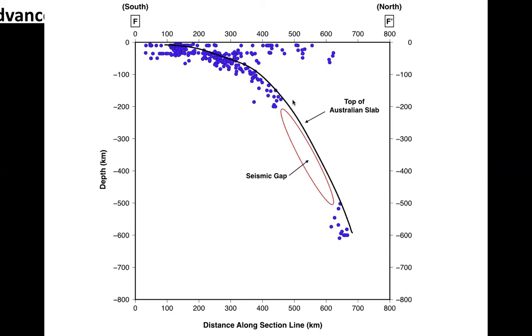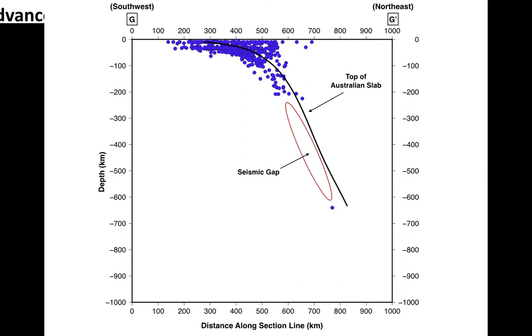If we move to cross-section G to G prime, which is in southeastern Sumatra, once again we see a similar trend, although the Wadati-Benioff zone is a little more poorly defined to just over 200 kilometers.